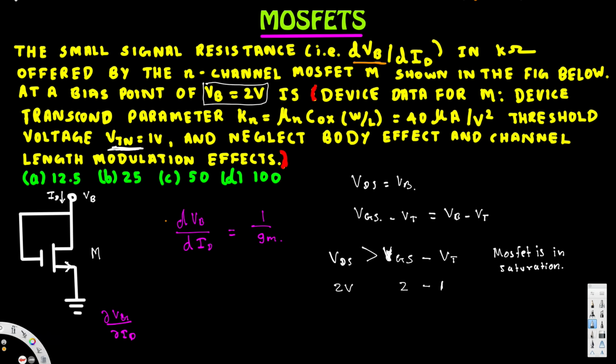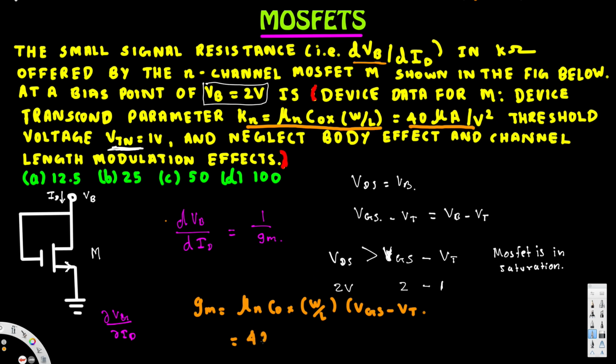When the MOSFET is in saturation, the transconductance Gm is given by mu n cox W over L times VGS minus V threshold. In the question we have this value: Kn, mu n cox W over L, is given by 40 microampere per volt square.